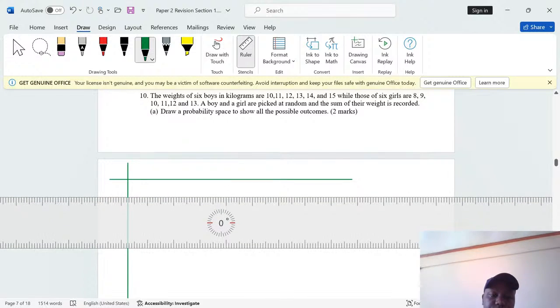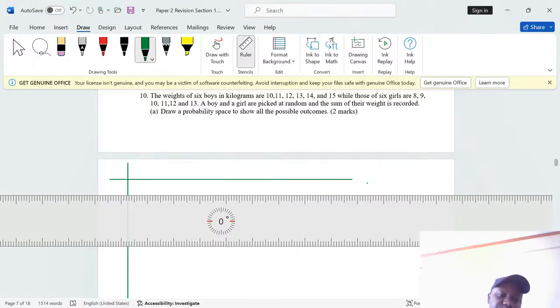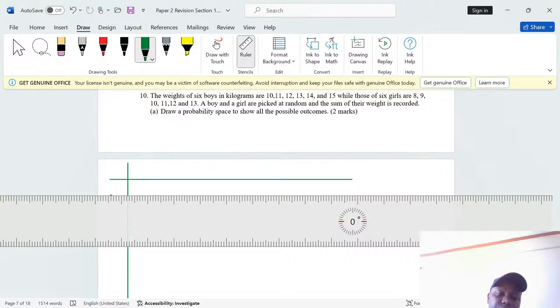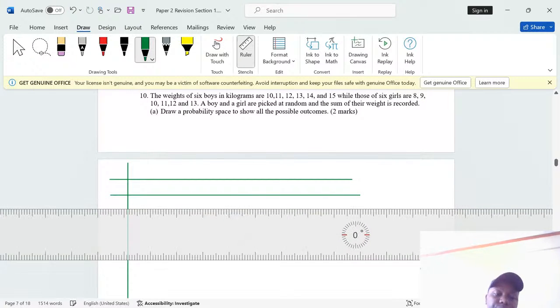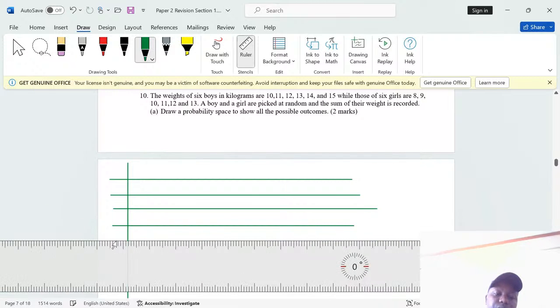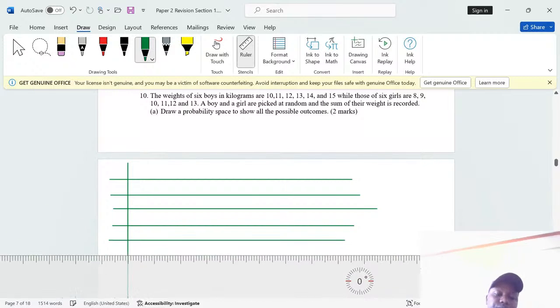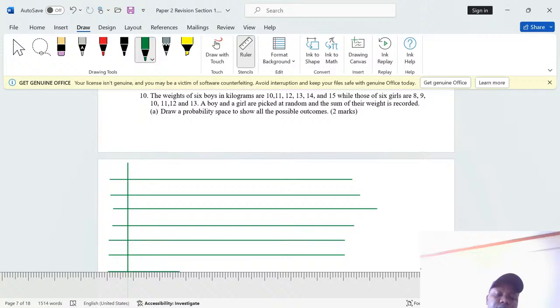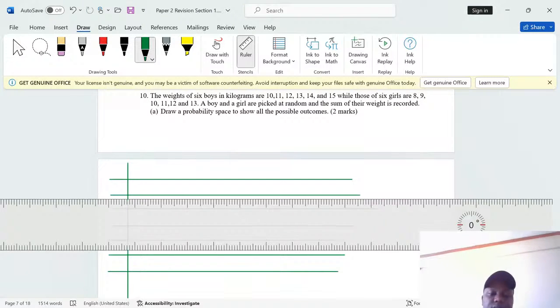Now there are 6 girls and 6 boys, so we can have 1, 2, 3, 4, 5, 6. So we can have the boys there. Then the girls.